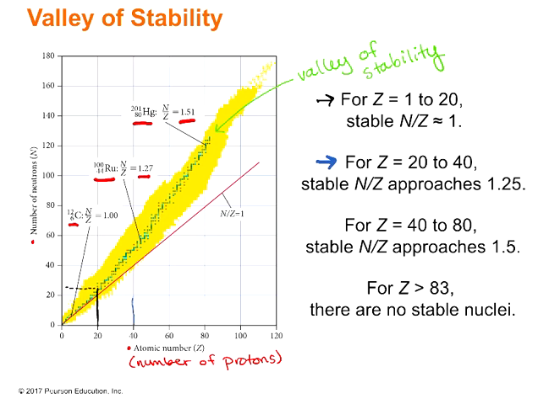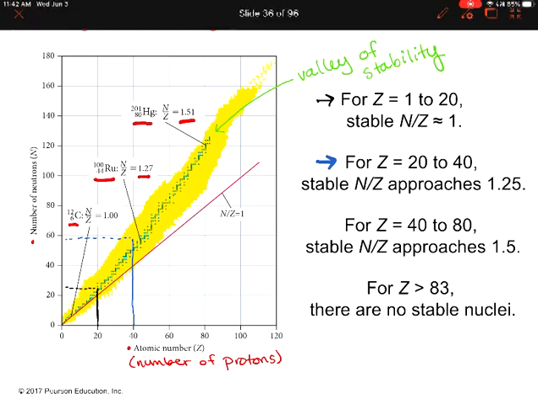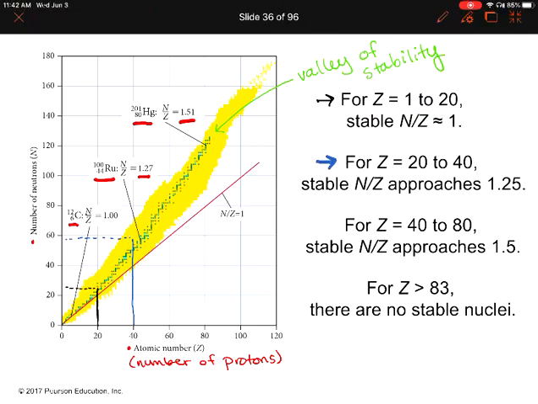So that would be in this region here. And then for the next 40 elements, elements 40 through 80, a stable neutron to proton ratio is about 1.5. So that would be in this region.